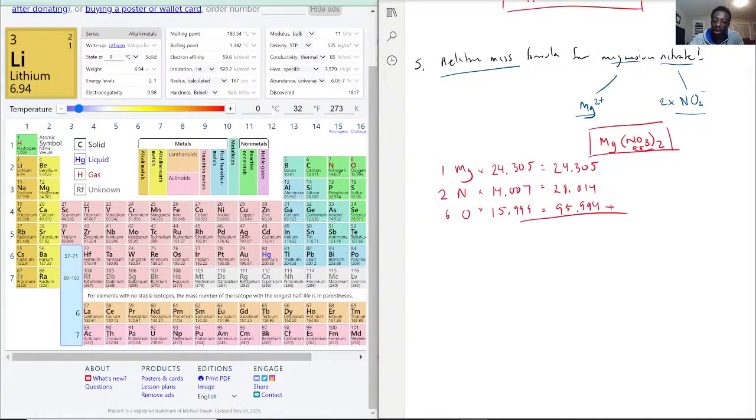And then we'd add all of these together because you have to add up the constituents. So it'd be 95.994 plus 28.014 plus 24.305, okay? And in total we get 148.313 grams per mole for the relative mass for magnesium nitrate, okay?